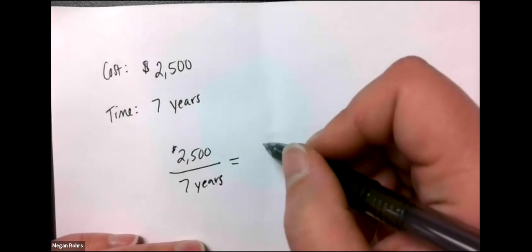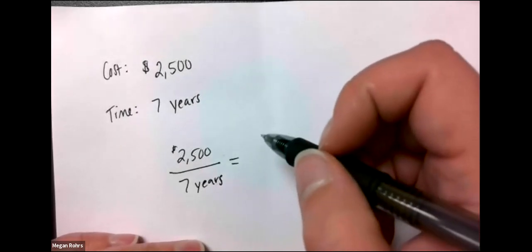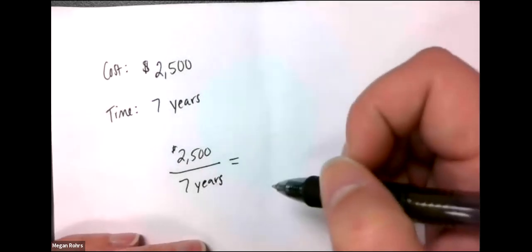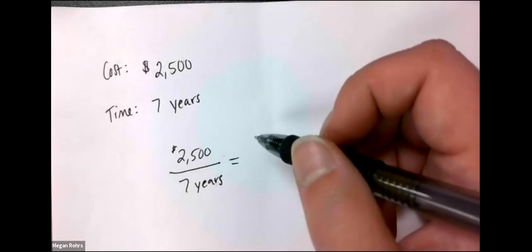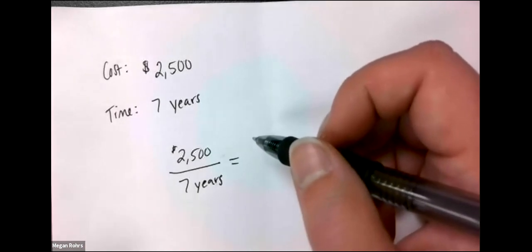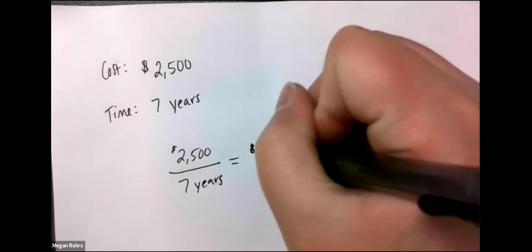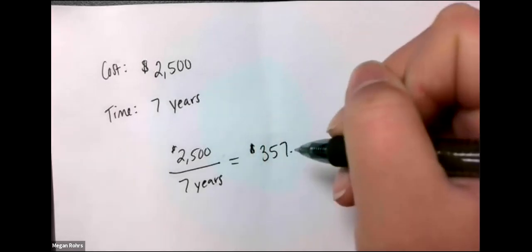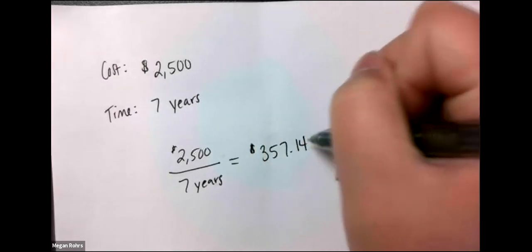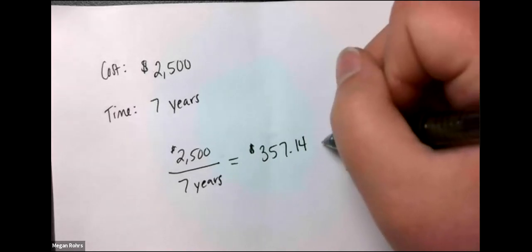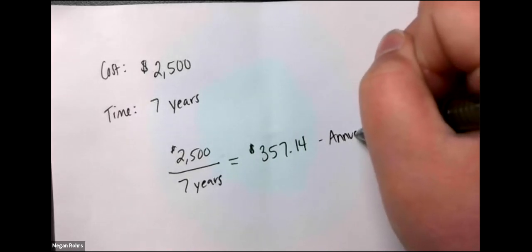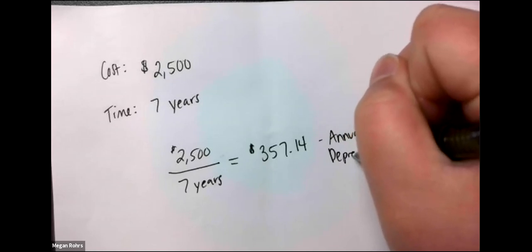So how much that asset is going to lose in value each year. So 2,500 divided by 7 gives us $357.14. So that is our annual depreciation.